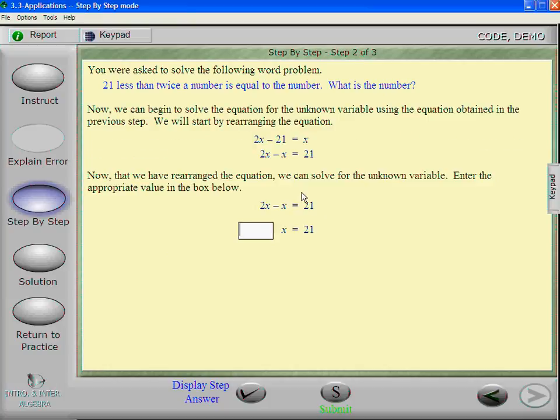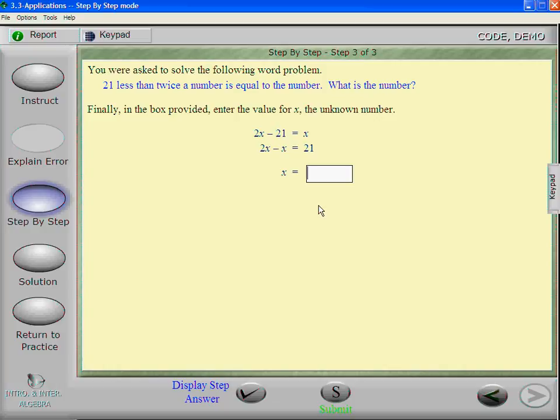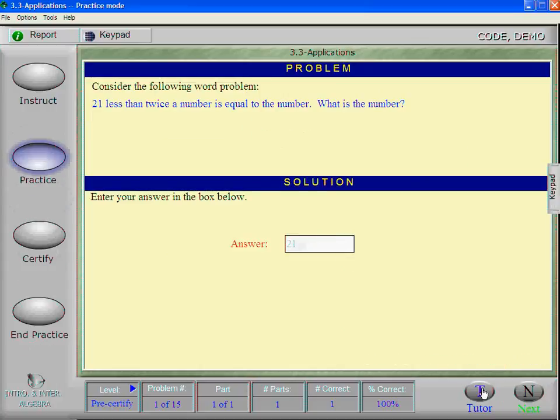And then in terms of steps, they show you what to do: subtract x from both sides, add 21 to both sides. You get 2x minus x, a 2x minus a 1x gives you 1x equals 21. And so that just means that x equals 21. Okay, so that's one example there.